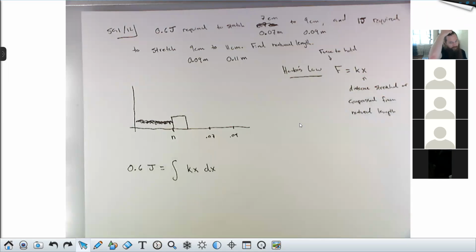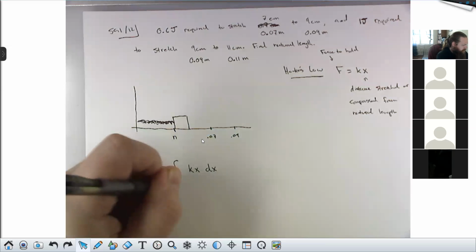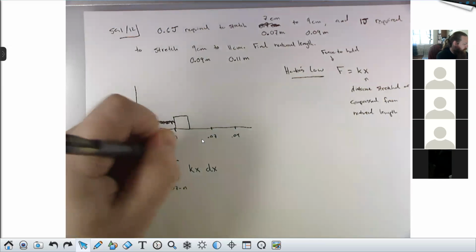So really, we would be integrating from where to where? To go from here to here, if the origin is over here, then we're stretching how far from the natural length? 0.07 minus n. Very good. From here to here, 0.09.